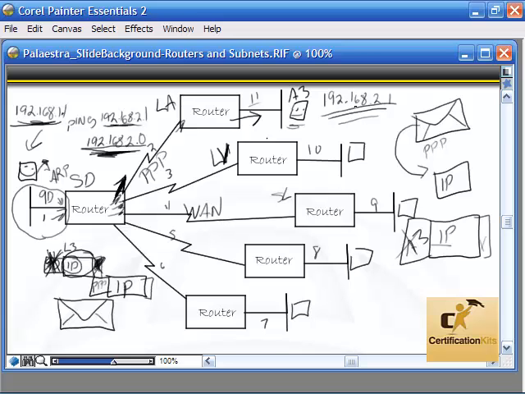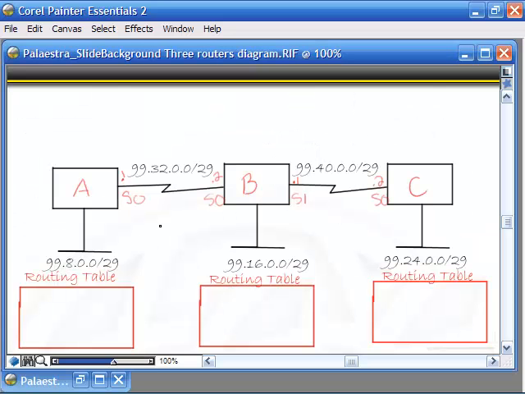Let's look at how they find out how these destination networks are located. I'm going to bring up a slide here that shows 3 routers: router A, router B, and router C. Now there are 1, 2, 3, 4, 5 subnets in this scenario.